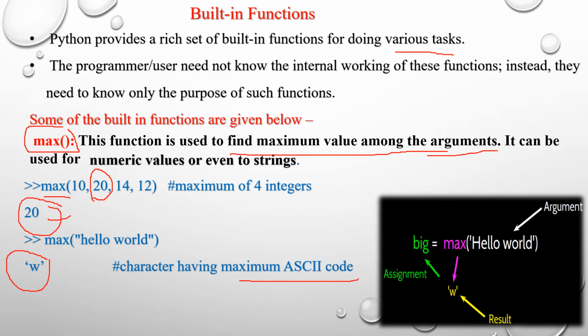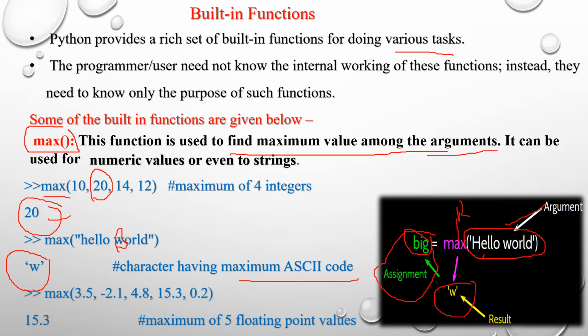For example, take a variable name big equal to max of 'Hello world'. Here 'Hello world' is the argument, and big is the variable to which the result is assigned. The result is 'w'. The characters are H, E, L, L, O, W, O, R, L, D, and the character with the maximum ASCII code is w.